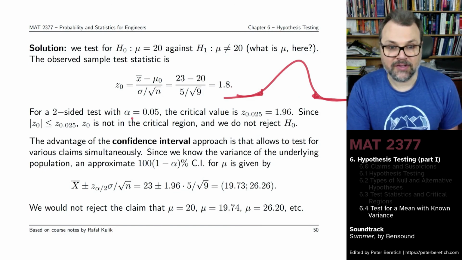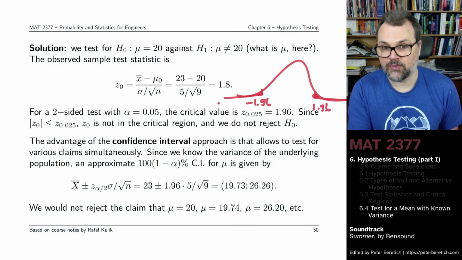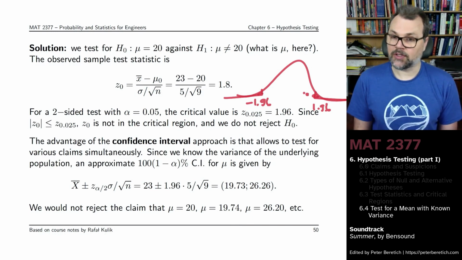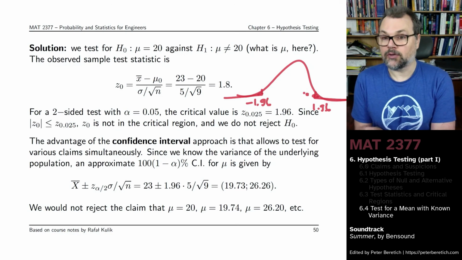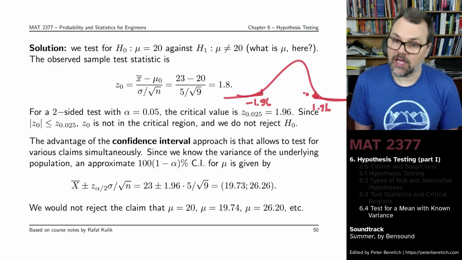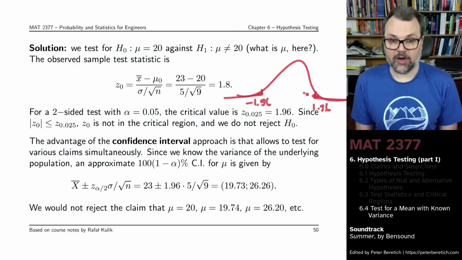Well, if we have a significance level of 5%, the critical value here would be 1.96 and minus 1.96. And we observed 1.8, close to 1.96, but not in the critical region. It's still in the non-rejection region. And so you would not be able to reject the null hypothesis.